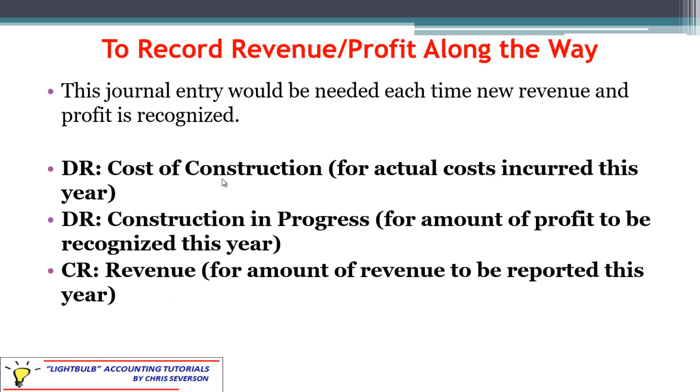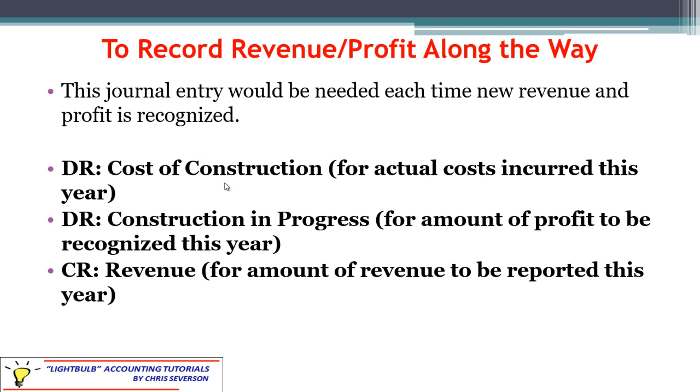So now we're going to be debiting an account called cost of construction, and again, different textbooks, different companies might use a slightly different term, but this debit to cost of construction represents the actual cost you've incurred this year alone, not any prior years, just this year. If you have profit, you're also going to be debiting construction in progress to report that profit. And then, of course, you're going to credit revenue for whatever amount of revenue needs to be reported this year.